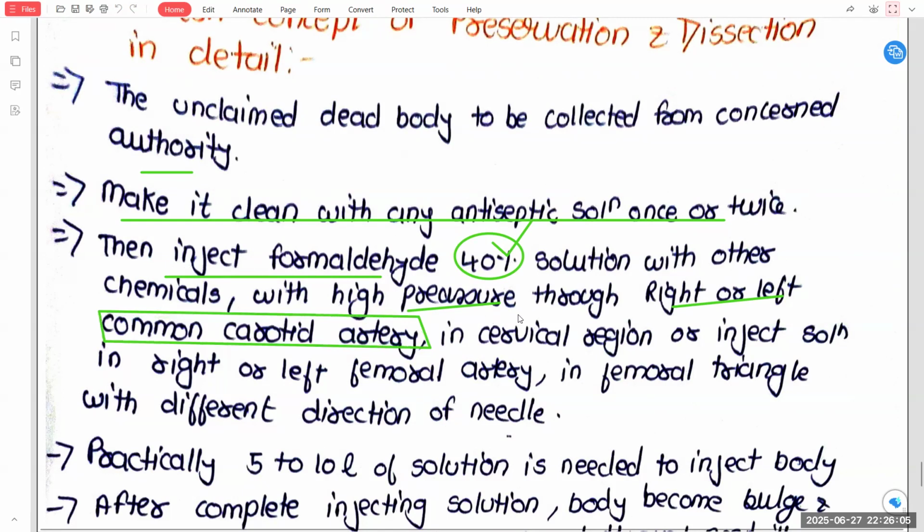Remember which artery? Common carotid artery in the cervical region. Or inject the solution in the right or left femoral artery. Okay. So these are the two arteries, common carotid and femoral, in the femoral triangle, with different direction of the needle. Now from the MCQ point of view, I have highlighted these points. You need to remember them.